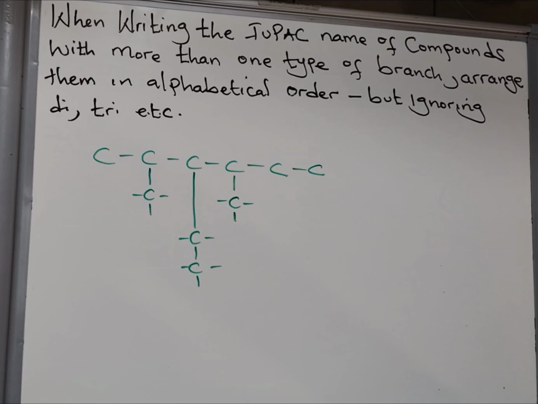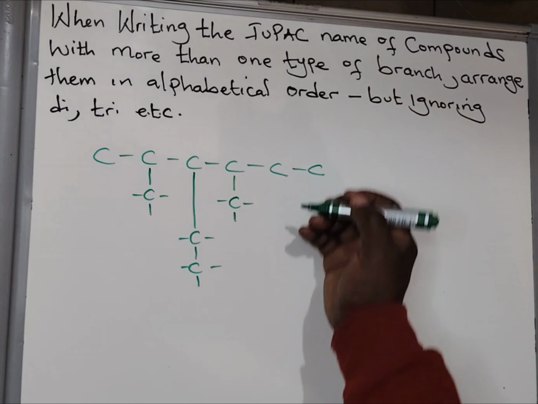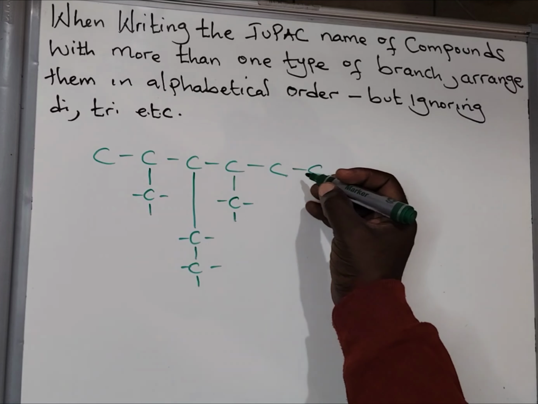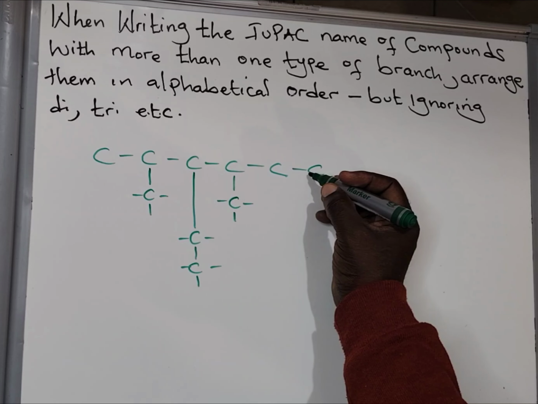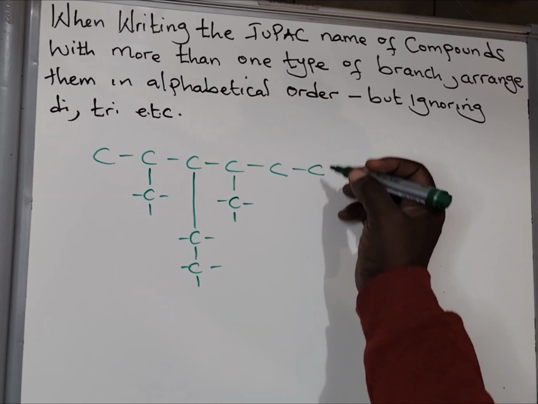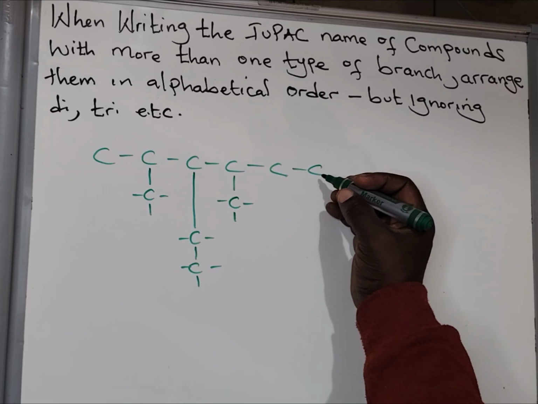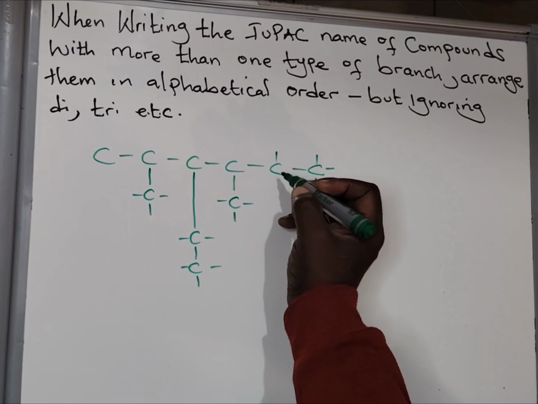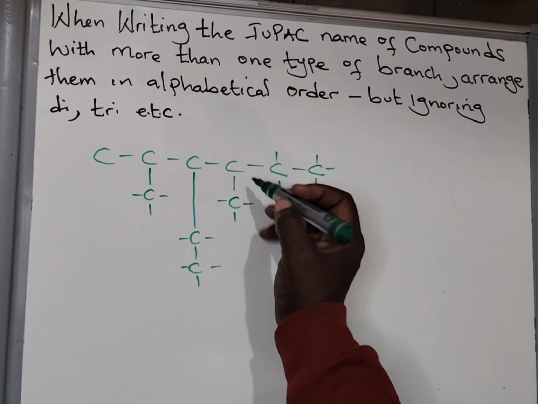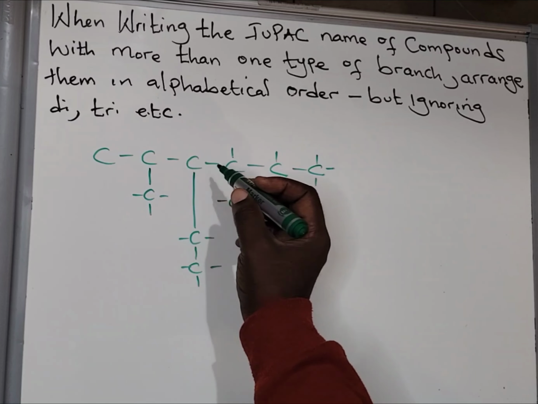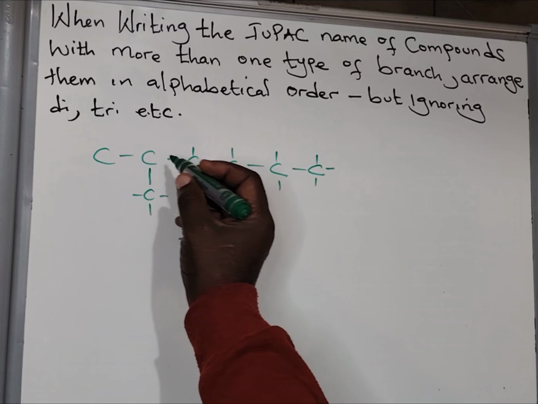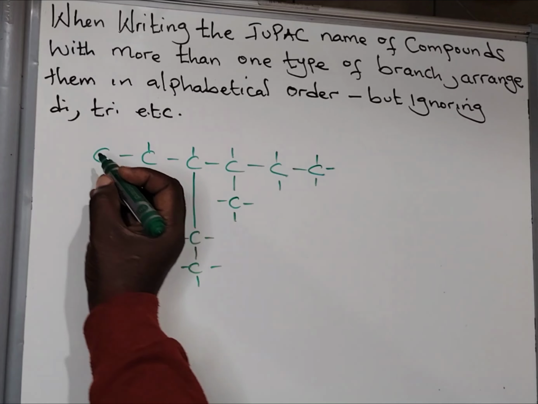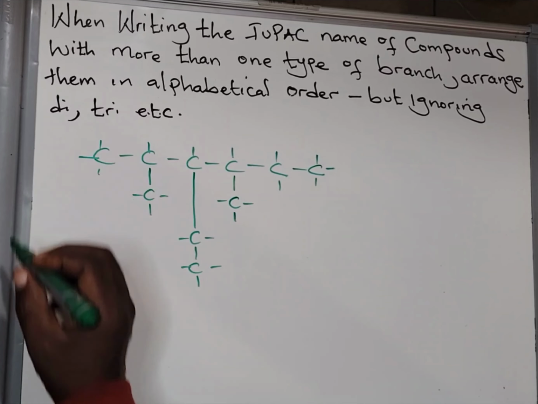Yes, that's the case we are having. So let us try to have all the bonds represented. This one is having one bond. Remember, carbon must exercise a covalence of 4, so it's missing 3. This one has 1, 2, so it's missing 2. This one's 1, 2, 3, is missing 1. This is 1, 2, 3, is missing 1. This is 1, 2, 3, is missing 1. This is missing 3 because it has 1.